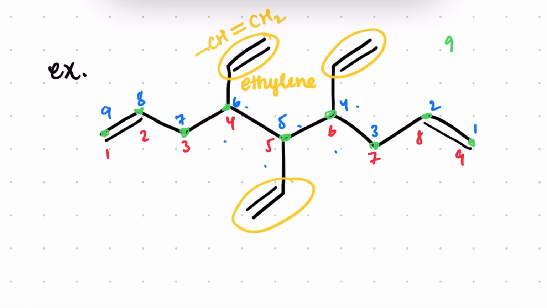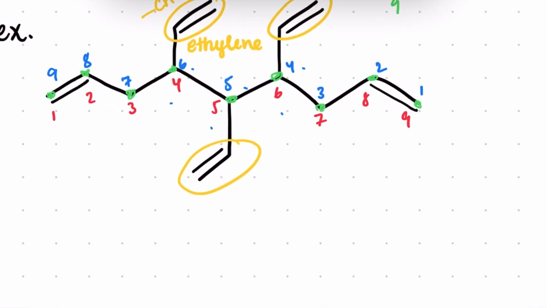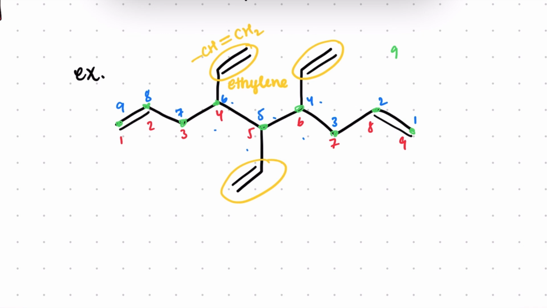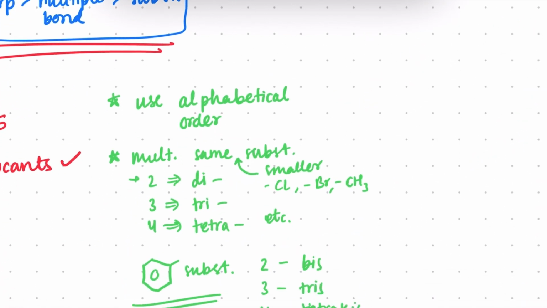Now, let's try to name this. As per our previous knowledge, we could do this. Okay, so we've got 3 ethylenes here. And ethylene is a relatively small substituent compared to phenol or something. As I've discussed previously, when we have multiple of the same substituent, we have to use one of these prefixes.